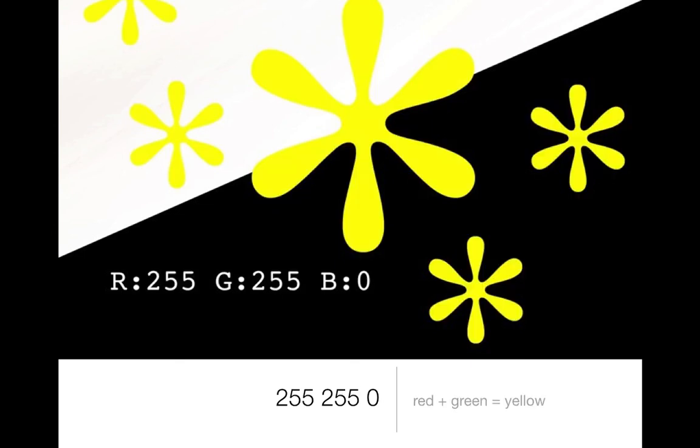Now the RGB system is additive, not subtractive. So the higher the values, the brighter it gets. So high numbers is bright, low numbers is dark. Here the red is cranked up fully, the green is cranked up fully, and the blue isn't there at all. So it's pure yellow.